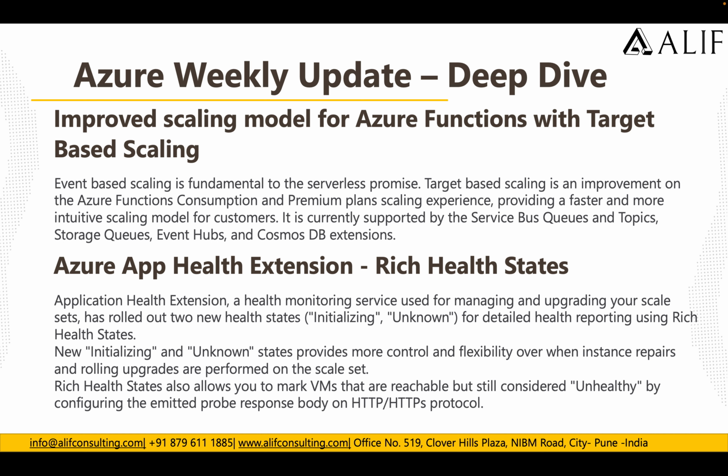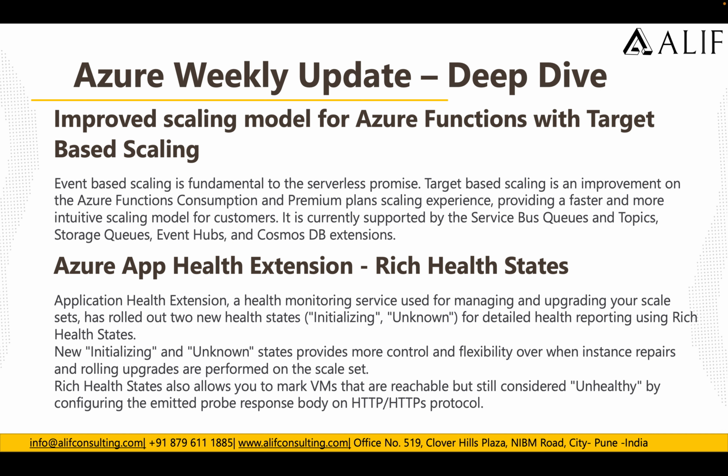Now Azure App Service has a health extension which can give us rich health status. Application health extension is the application health monitoring service used for managing and upgrading scale sets, and it has been rolled out with the health statuses initializing and unknown for detailed health monitoring using the rich health state.